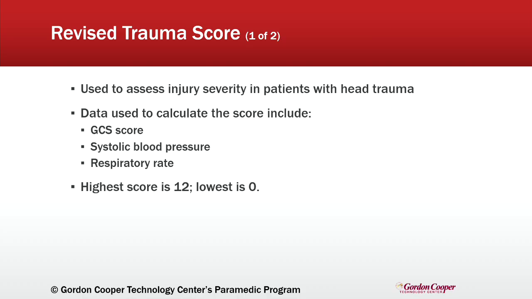The calculation of the revised trauma score is based on 3 key data points: the patient's GCS score, systolic blood pressure, and the respiratory rate. Pretty simple. This revised trauma score is considered a reliable tool for predicting survival in patients with severe injuries. The score ranges from a high of 12 to a low of 0.